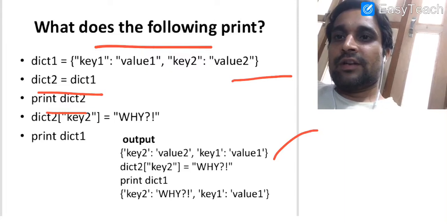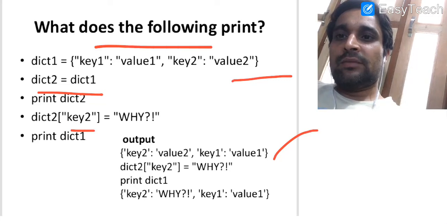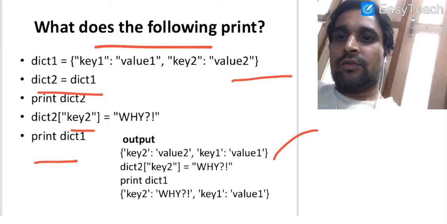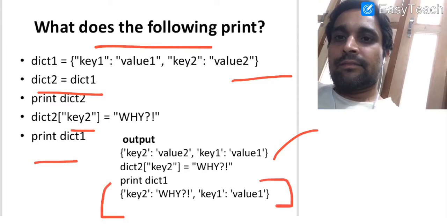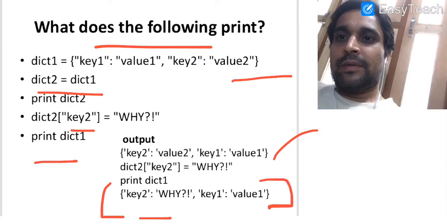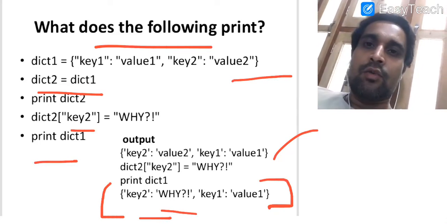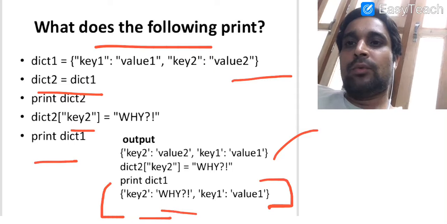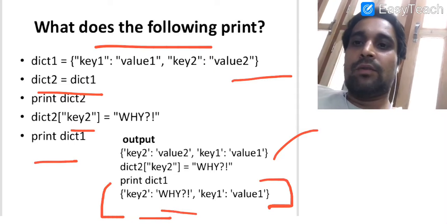Thereafter we have written one statement here, that is DICT2 corresponding to a key, the name of the key is key2, and we are assigning the value y. When you print DICT1, you will get key2 with the updated value y, because when you create a copy of the dictionary, they both point to the same memory location.